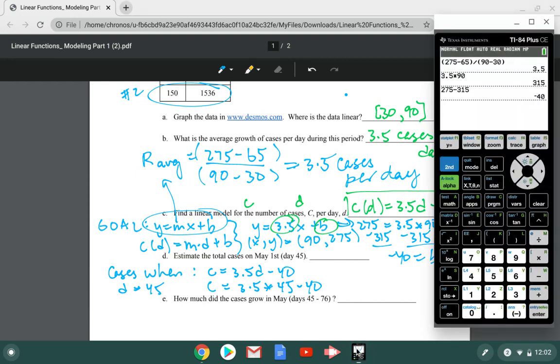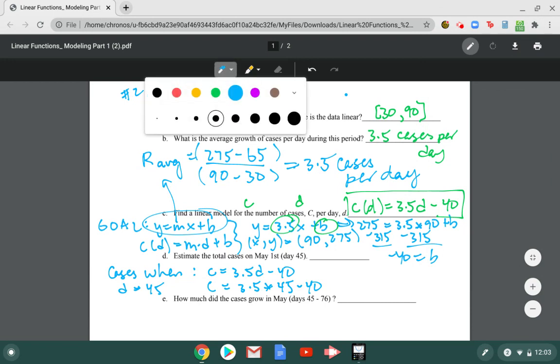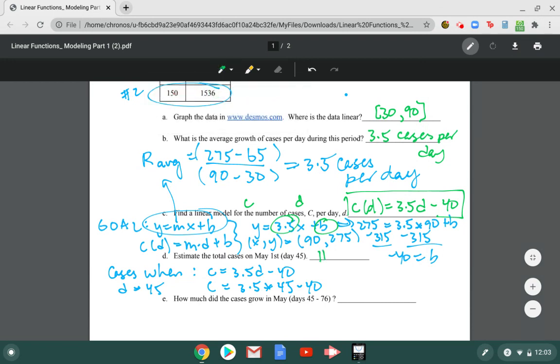We can go ahead and put this into the calculator to get our answer. So 3.5 times 45 minus 40. And we end up with 117.5. So I'm just going to put that in green here, 117.5 cases.